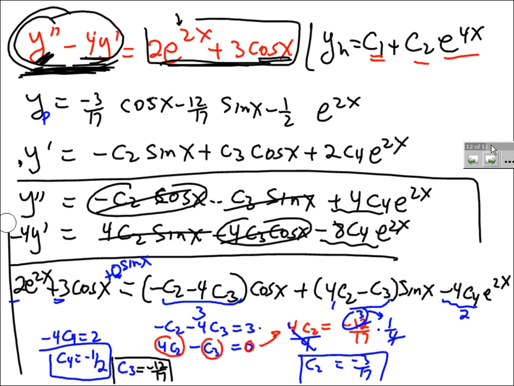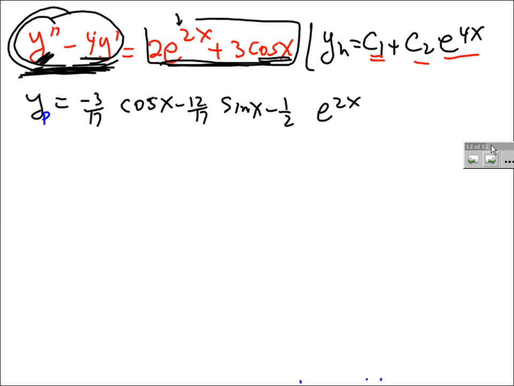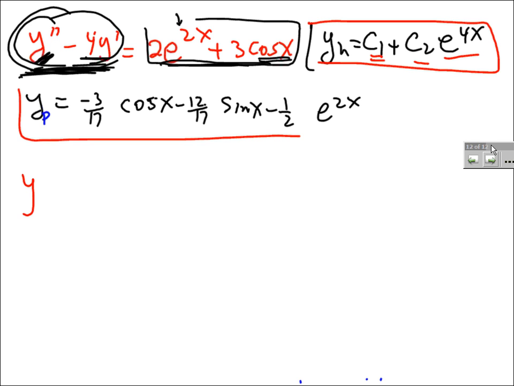Now, once you have the homogeneous solution and you have the particular solution, and we do have both, here's the homogeneous, here's the particular, I can write down the general.